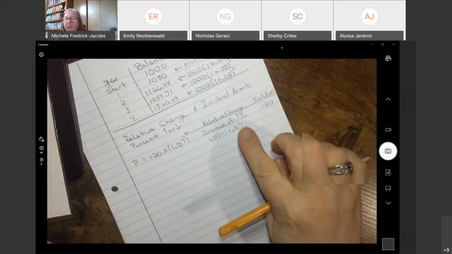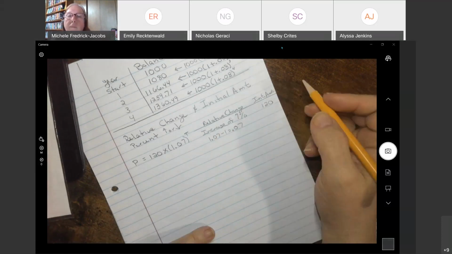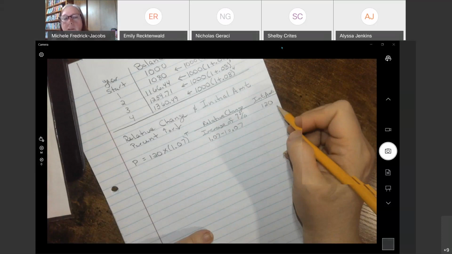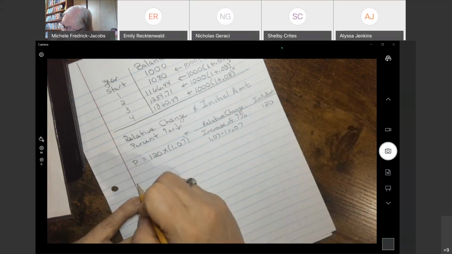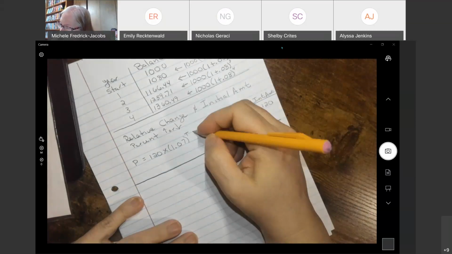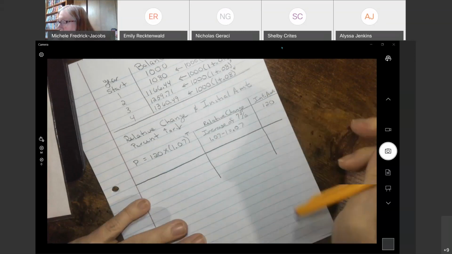So the relative change was an increase of 7%. And the starting amount, 120. We'll try another one. Any questions on that part?